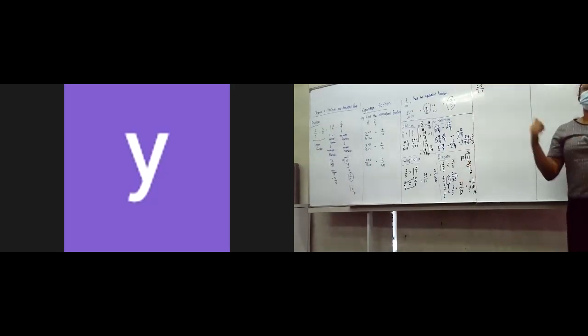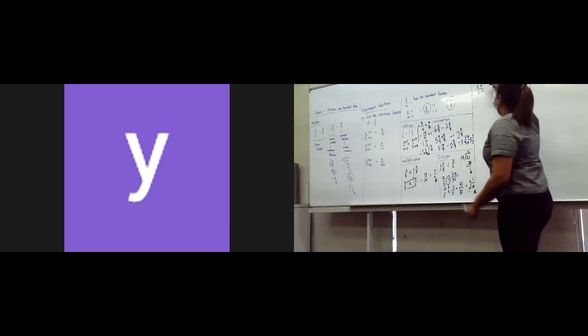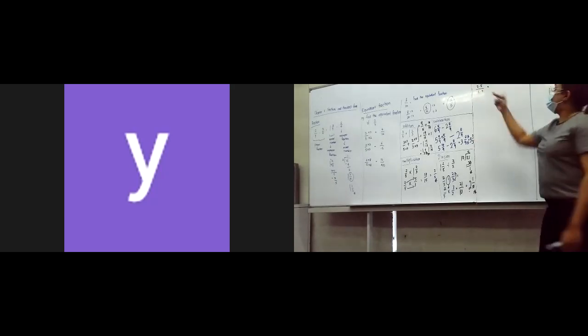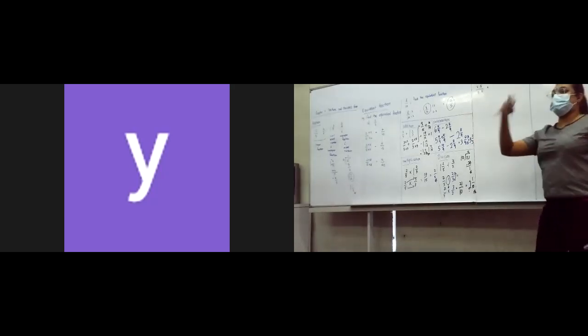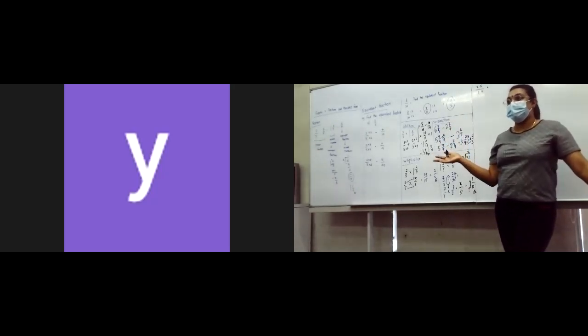To simplify this, you cannot actually do it in decimal. You have to change the decimal in the fraction into a whole number first. So to make it a whole number, you always have to remember in a fraction, if it's decimal, you have to multiply by 10, 100, or 1000 to make it a whole number.